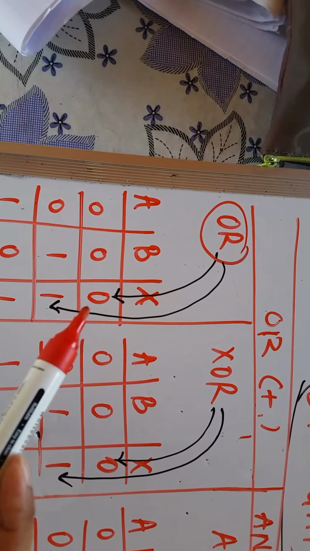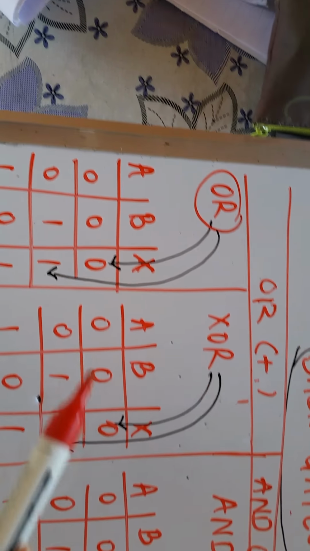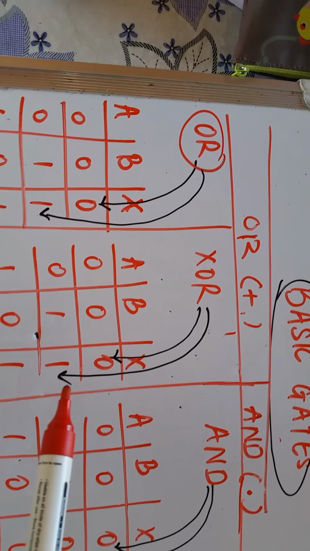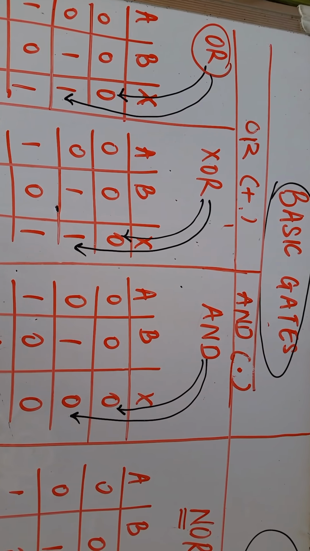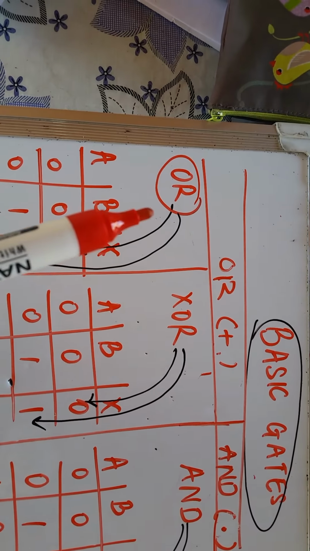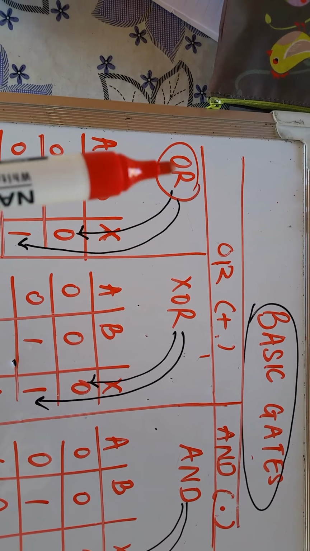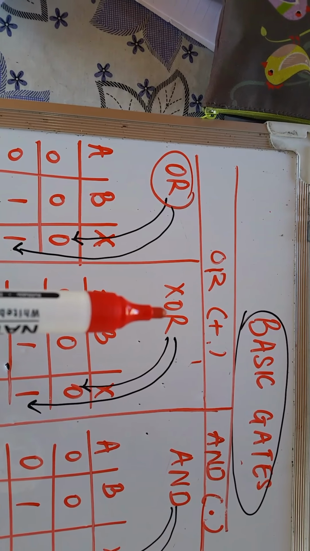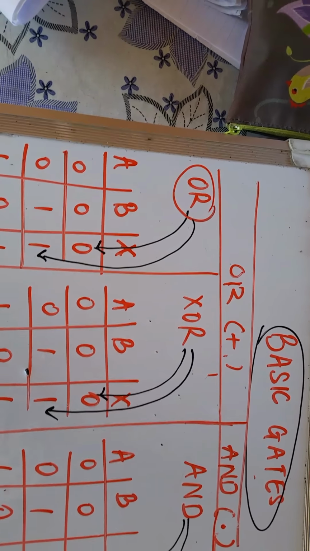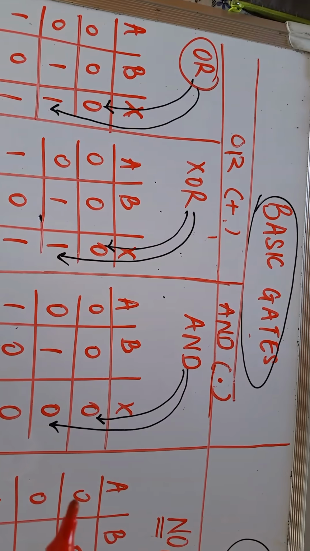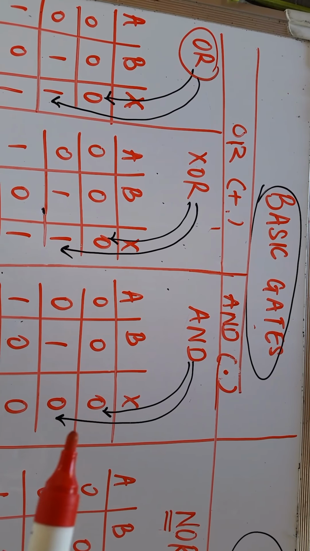For the OR gate, the first two results are always different. For the AND gate, the first two results are always the same. That is to say, OR or XOR, they are almost the same. So these two gates produce 0, 1, while the AND gate produces 0, 0.